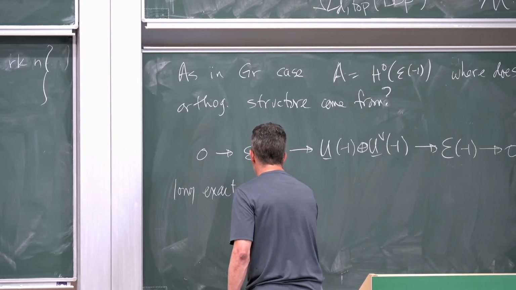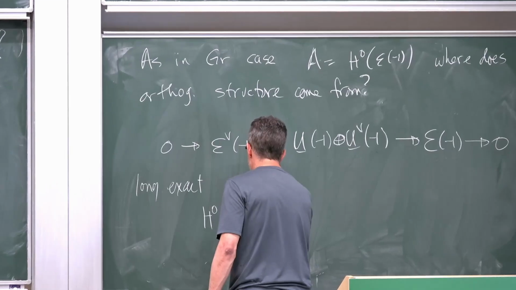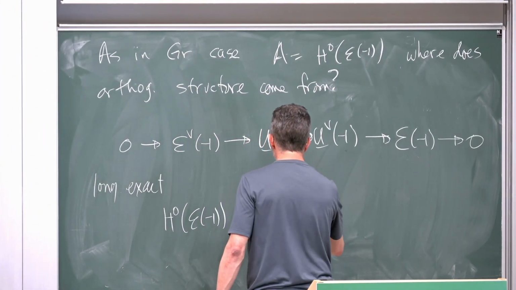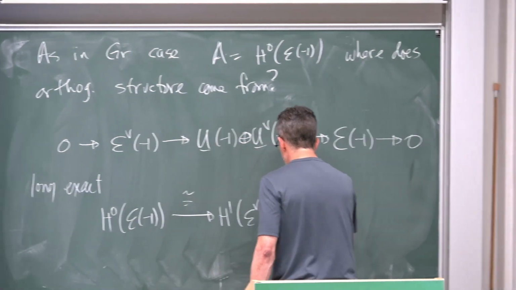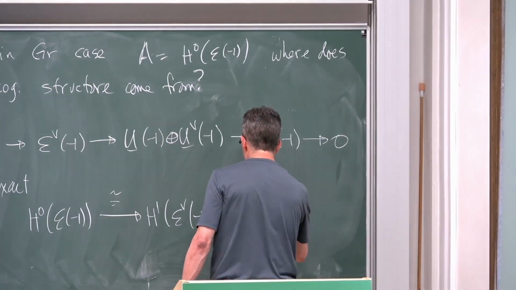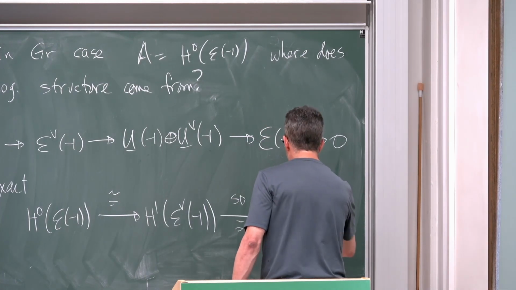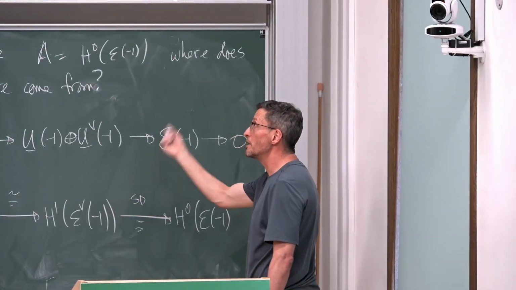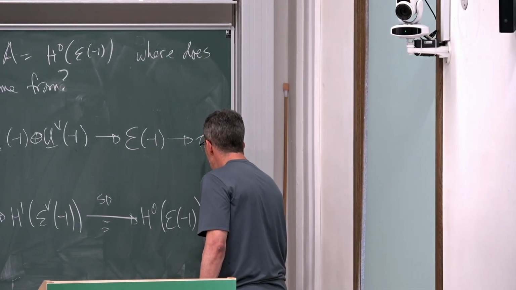We get an isomorphism from H0 of this guy to H1 of E dual minus 1, which from Serre duality is isomorphic to H0 of E dual plus 1, tensor by minus 2, you get back to this guy, now dual.